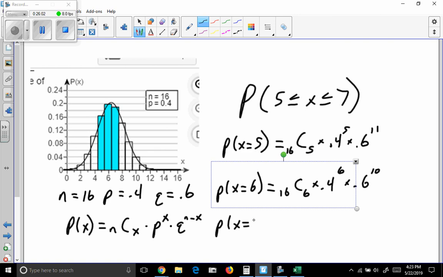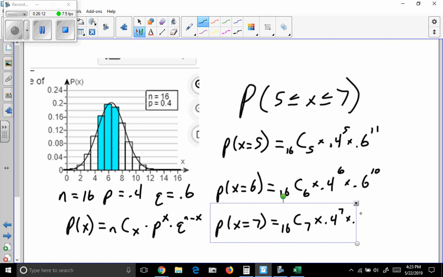And then the probability that X equals 7, which is 16 choose 7 times 0.4 to the 7 times 0.6 to the whatever is left. 16 trials, 7 successes, that leaves 9 failures. So we have to do each of those calculations.